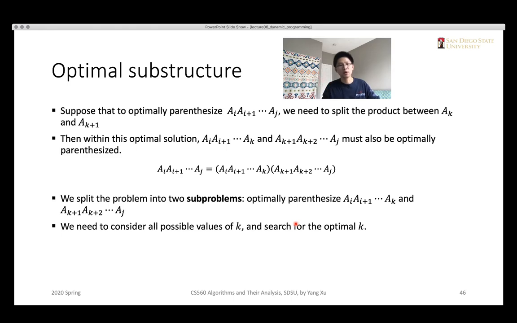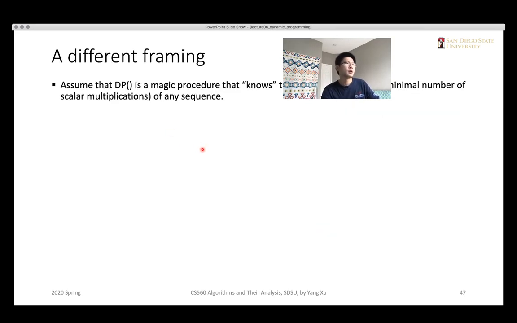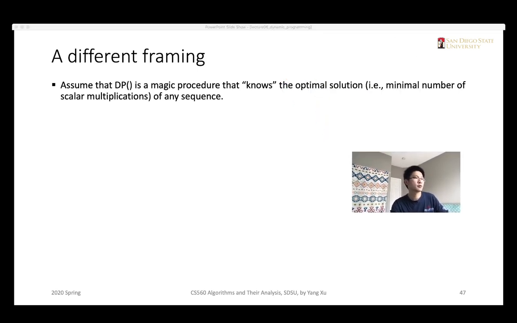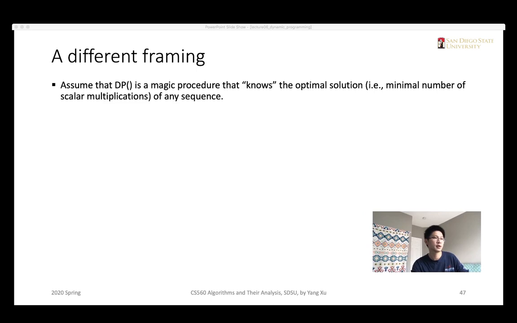Okay, so we need to consider all possible values of k in the search for the optimal k. Right? There are a lot of possible k's, a lot of possible positions to do the split. So we want to search for the optimal k. Another way of framing this problem is to use a more mathematical or simplified notation.